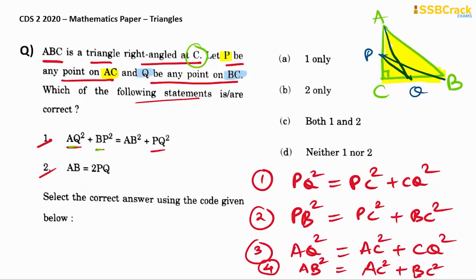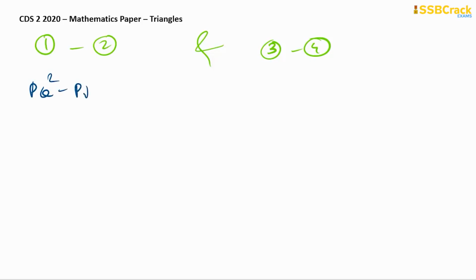So we have the cancellation of this PC square from 1 and 2, and then the cancellation of AC square from 3 and 4. So I will do 1 minus 2 and I will do 3 minus 4, simply because I observe that. So in the left hand side for 1 minus 2 I will get PQ square minus PB square equal to, PC is getting cancelled.